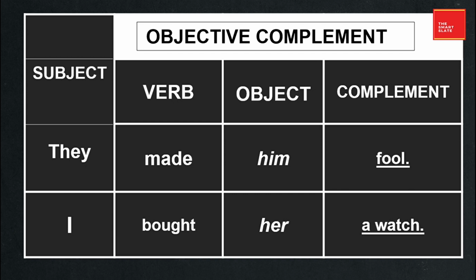For whom is the watch bought, or who is the person for whom something is done? Here the answer is her. So him and her are the objects, and the complement is given to him and her. So these are the objective complements.